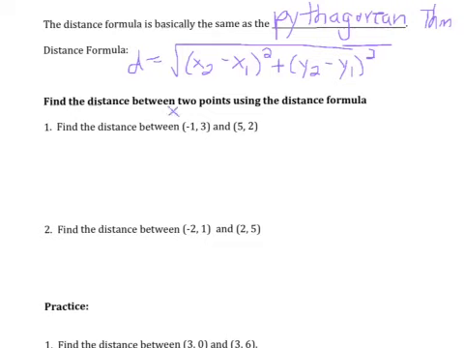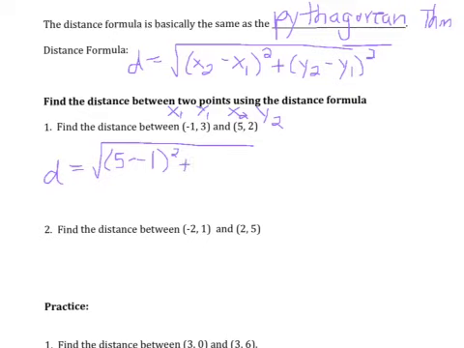So when we do the distance formula, we have distance equals the square root of x2 minus x1, so 5 minus a -1 squared, plus 2 minus 3 squared.